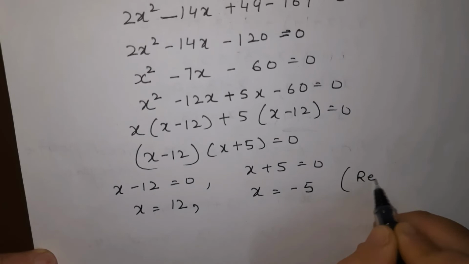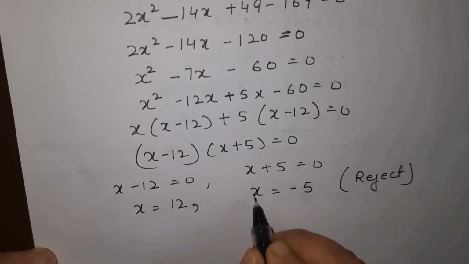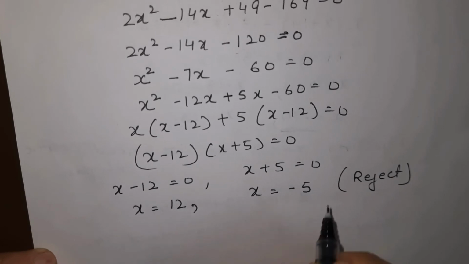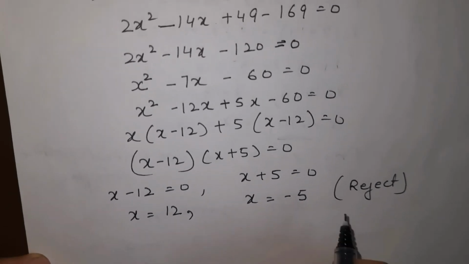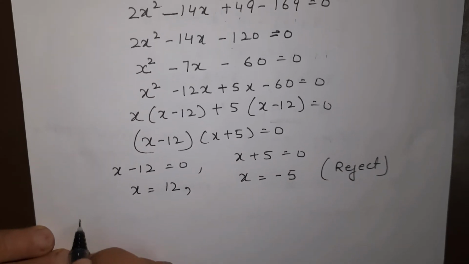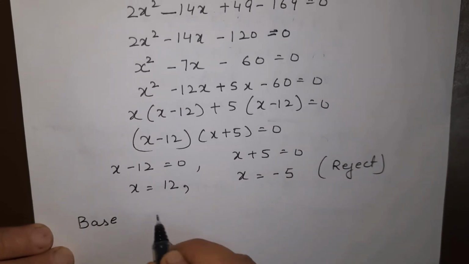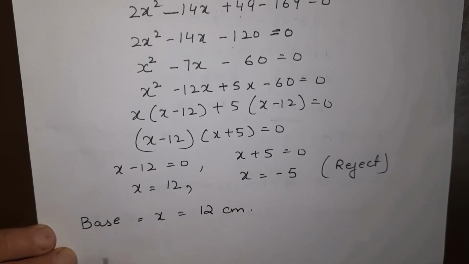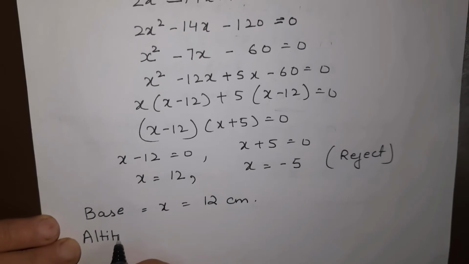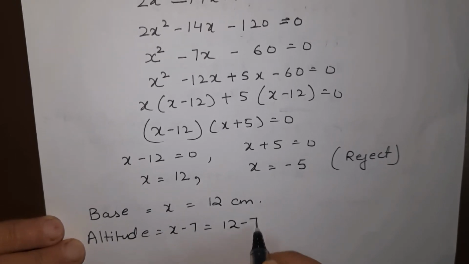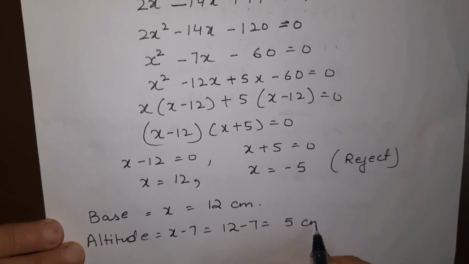Now this we have to reject as it is a negative term, and this represents base, altitude or any length of a triangle. When it represents length, it cannot be negative. So we will reject it. So what we will get, base that we have taken x comes out to be 12 centimeter, and altitude that we have taken x minus 7, this is 12 minus 7, it comes out to be 5 centimeter.